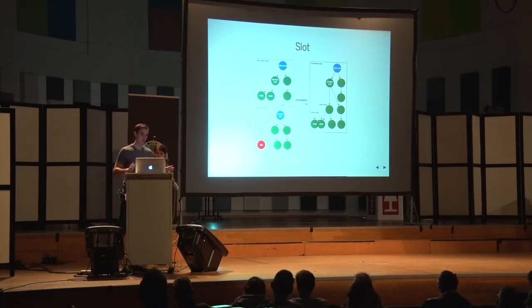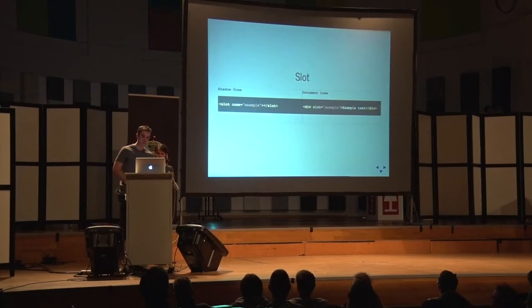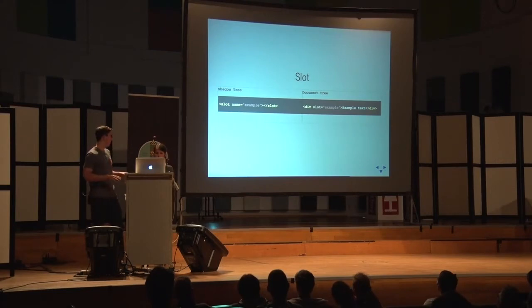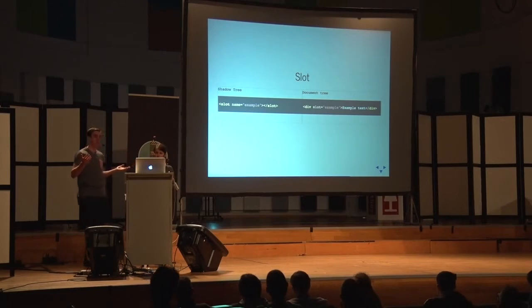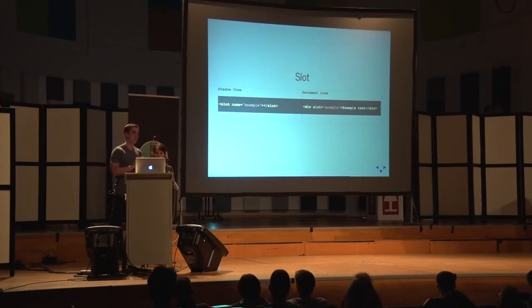If that doesn't happen, it's not working. So for example, in the shadow tree, we have to say, I have this slot called example, and whatever the other user that uses this web component wants can be placed inside of this. And in the document tree, you can just say, I want my example text on that specific spot. So I call a div with slot is example, and that one will render on that specific spot.